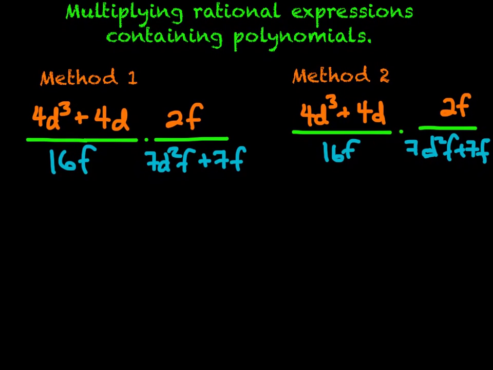So our first method of solving this is we are going to first simplify and then multiply. The second method, we are going to multiply and then simplify.